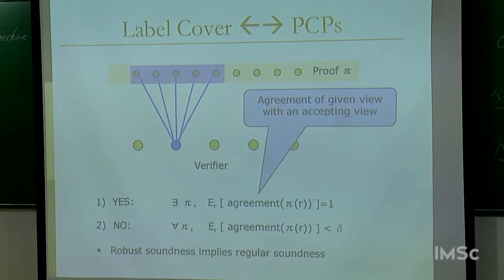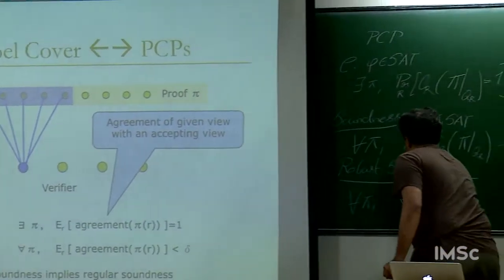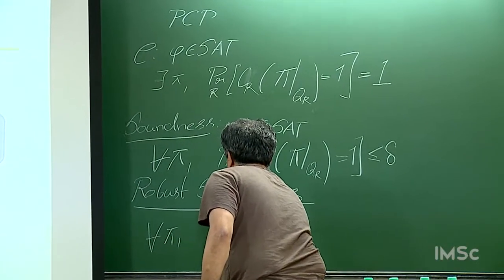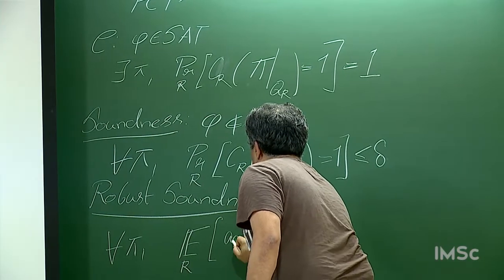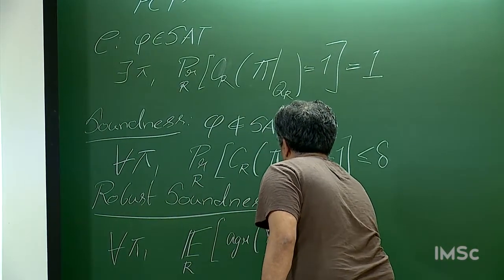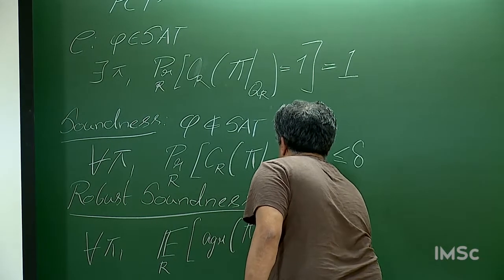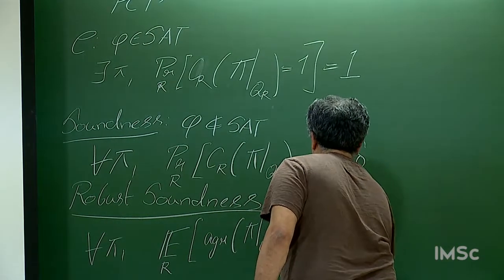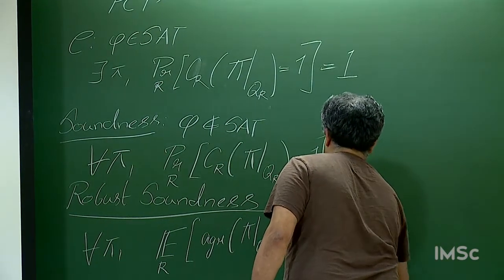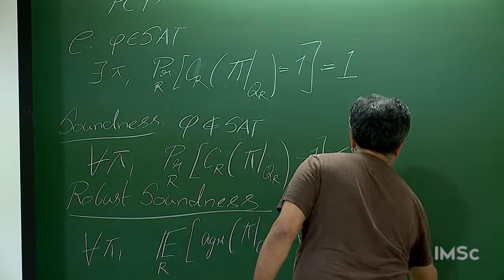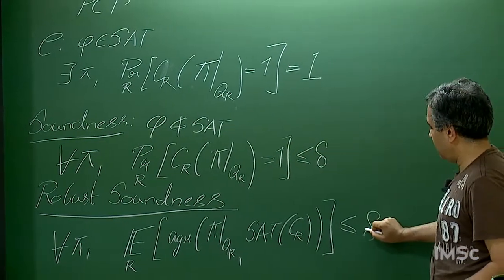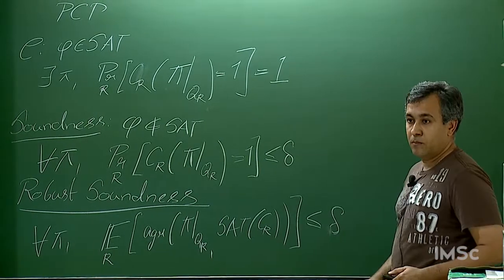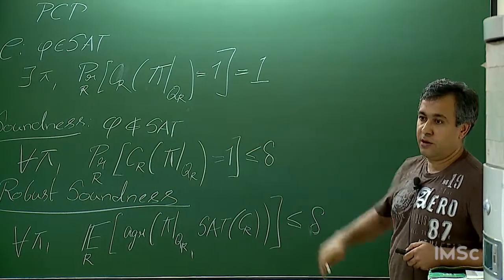What I'm going to say is, for all proofs pi, the expected agreement between the local view and the satisfying assignments of the local predicate is very small. This delta is 0.99 if one.